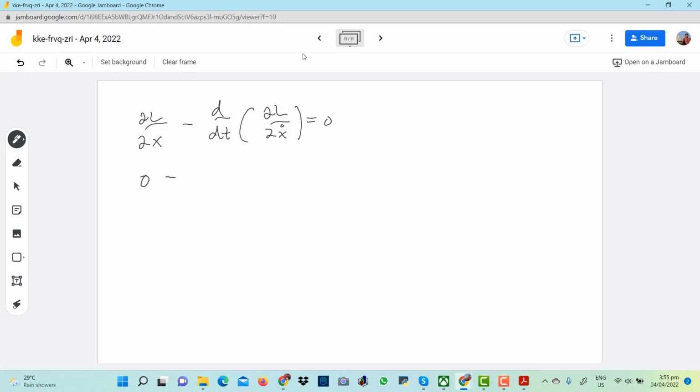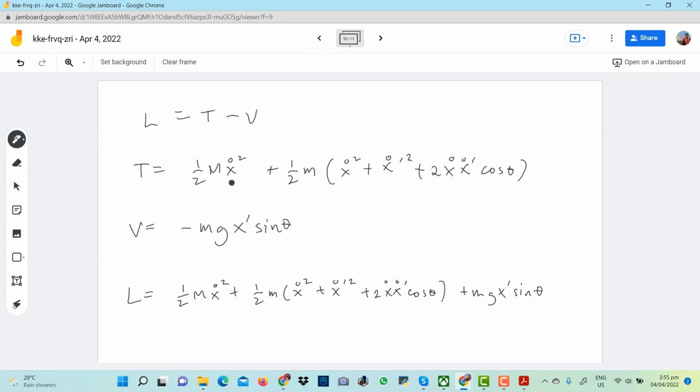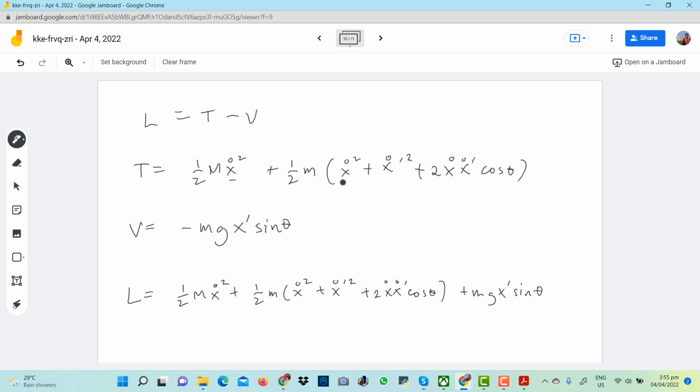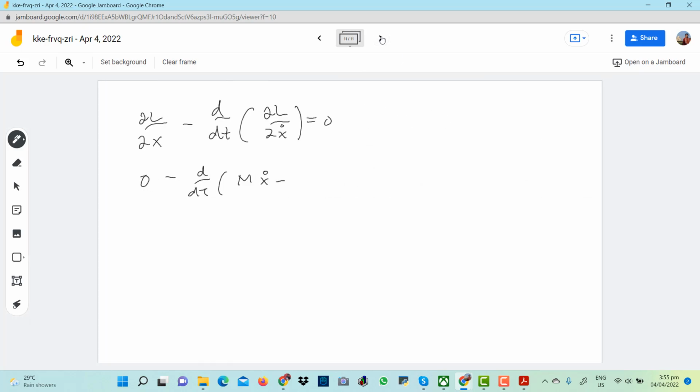And then I derive L with respect to x dot. I have M x dot, so I have d/dt of M x dot. Then another one: m x dot.